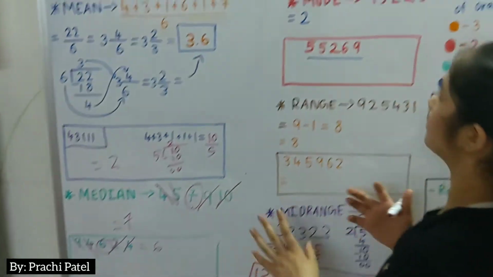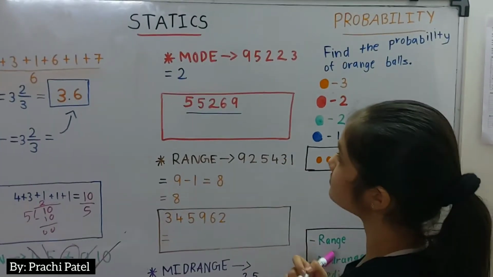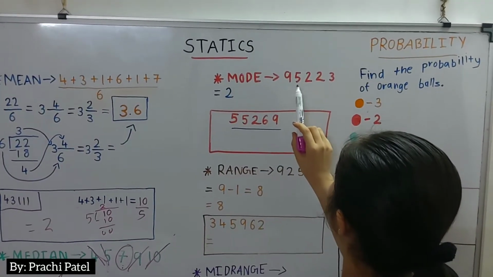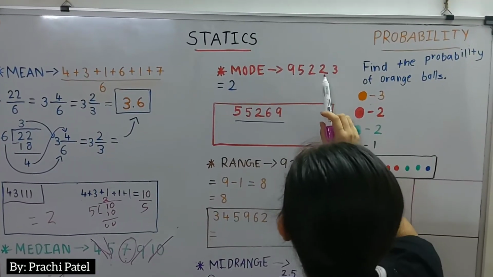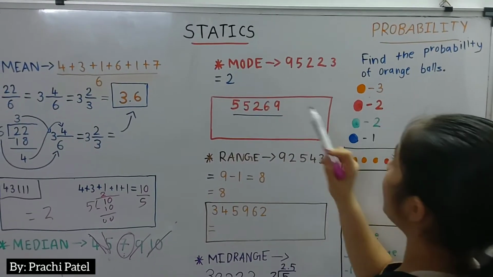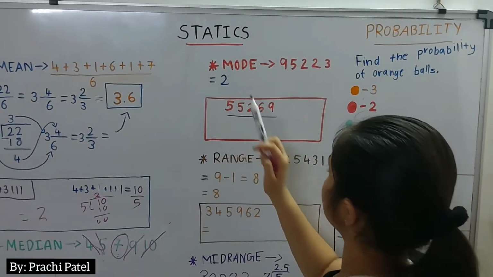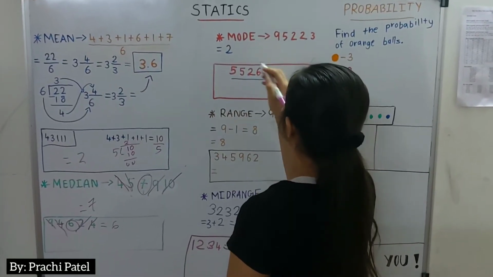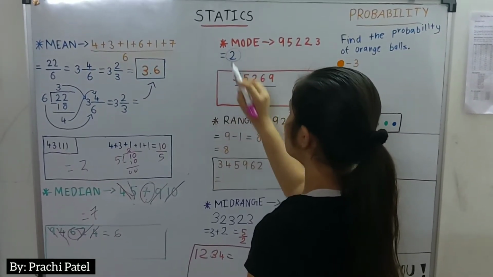Now let's go to the mode. In our mode we have 9 5 2 2 3. So our mode is 2. Let's see how the 2 came in the mode.